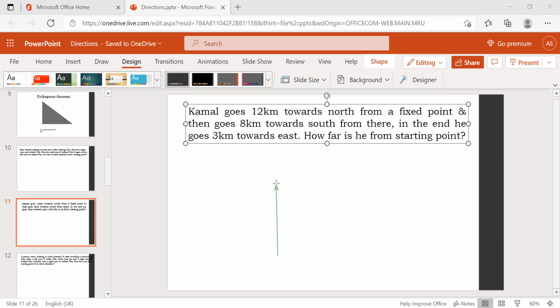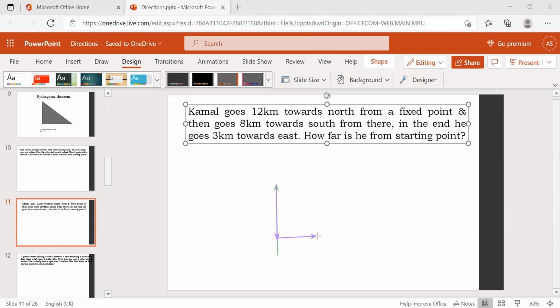Okay, here. Again here. I'll change the color. First towards north, fixed point. Then goes towards south from there, 8 kilometers. It's totally 12 kilometers, right? So it is 8 kilometers. In the end, he goes towards east, this one, right?